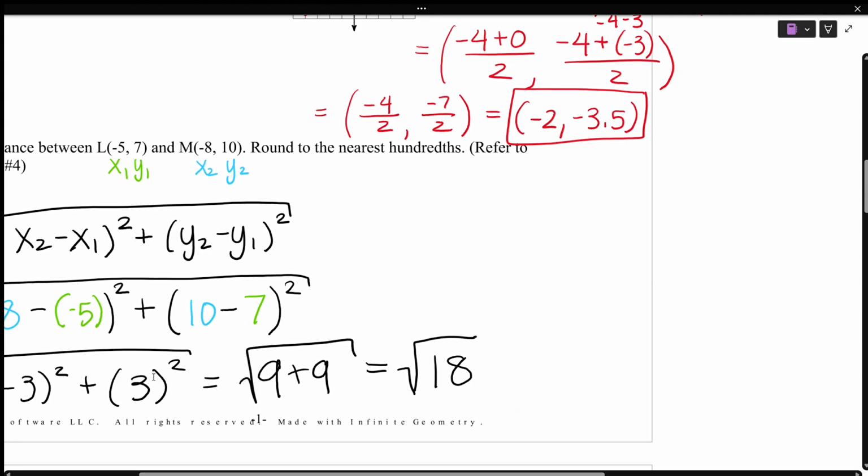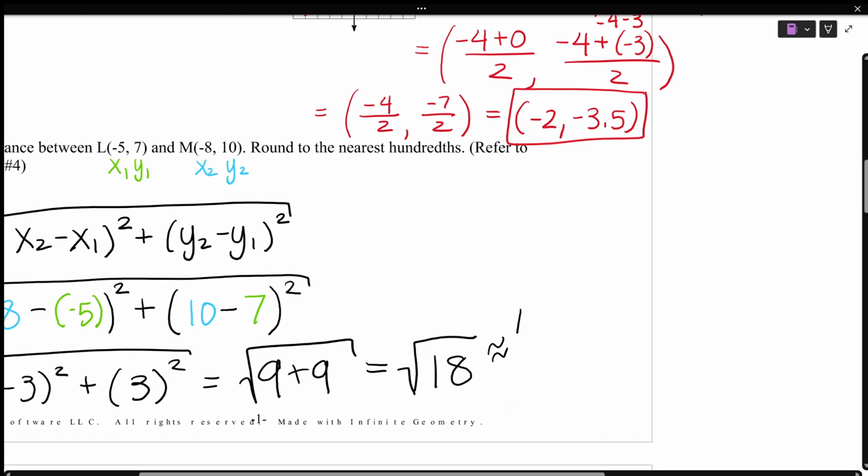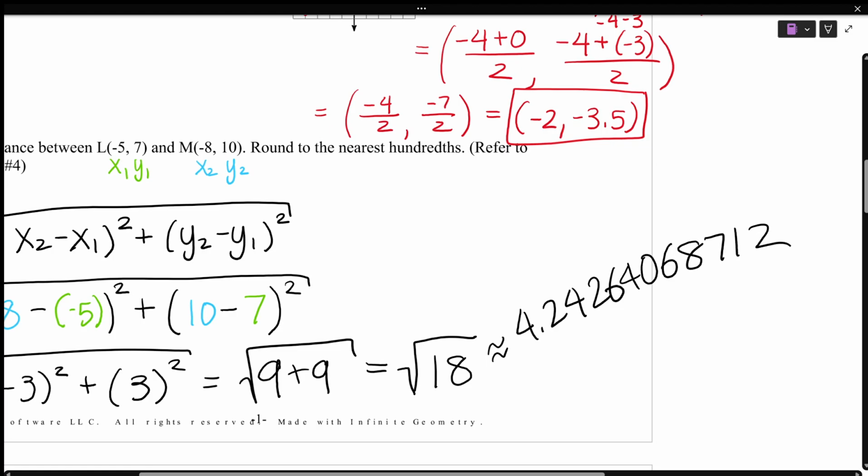Right? And then square root of 18, if you plug that in the calculator, you get this really long decimal, 4.264068712. The question says round to the nearest hundredths. This 4 is the hundredths place, the second number after the decimal. The number next to it is 2.